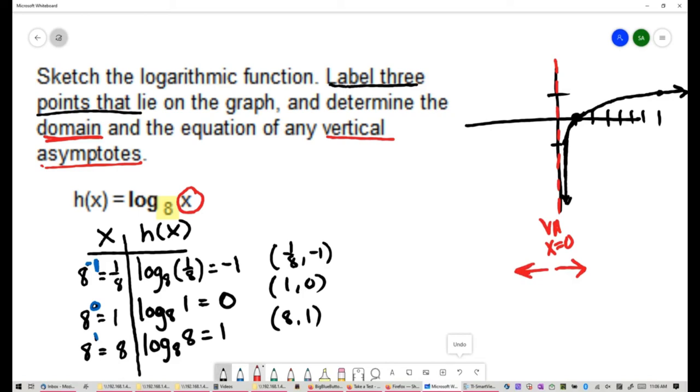So our domain is going to be 0 to infinity. That's written in interval notation for the domain. So we've got 3 points on the graph, the domain, and also the vertical asymptote.